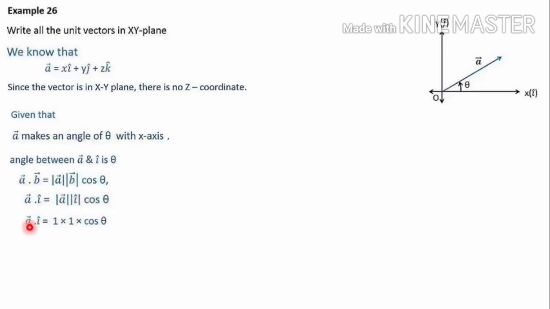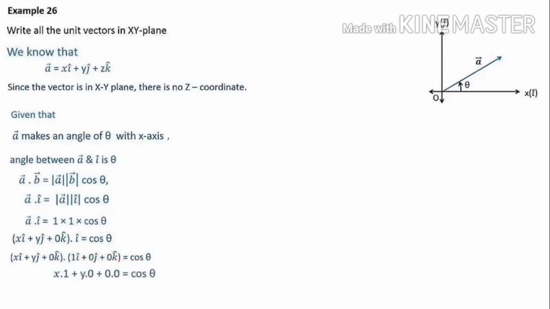Then just substitute the general form of that vector, that is x i plus y j plus z k, but z value is not there, z value is 0, because the vector is in xy plane. So x i cap plus y j cap plus 0 k cap dot this i cap is equal to 1 into cos theta, that is cos theta. Then we can write i cap in general form, 1 i cap plus 0 j cap plus 0 k cap.